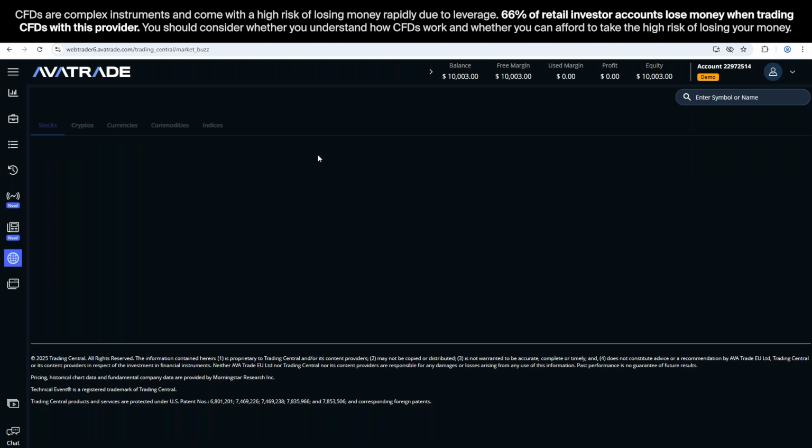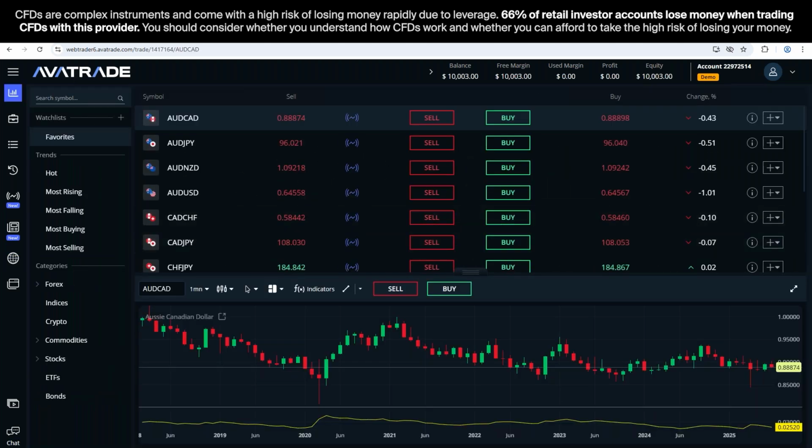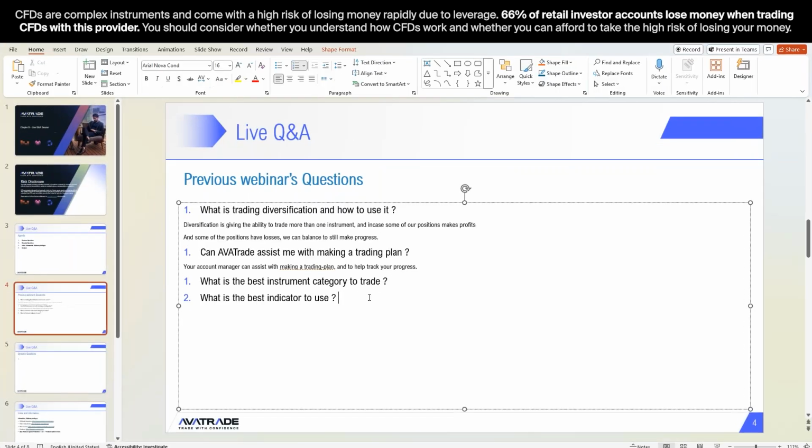Now, each of those categories is great, so there is no way for me to write the best instrument, specifically indices or currencies or commodities or anything like that. It's not going to be appropriate.